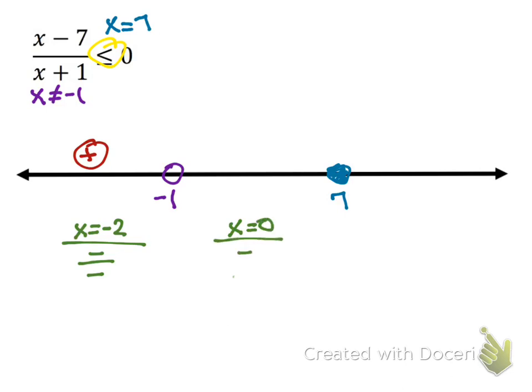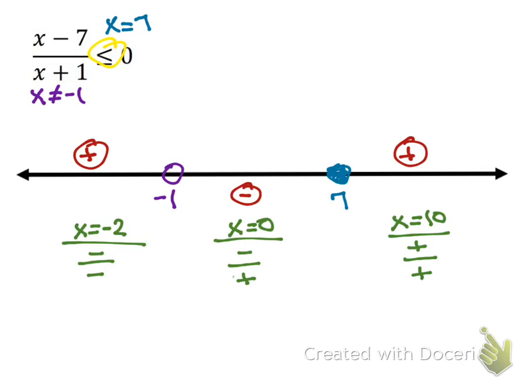The numerator would be negative, the denominator would be positive, resulting in a negative value for the function in that interval. Lastly, to the right of the 7, we could look at x equals 10 or x equals 87, right? It doesn't matter. We would have a positive numerator and a positive denominator, resulting in a positive function.